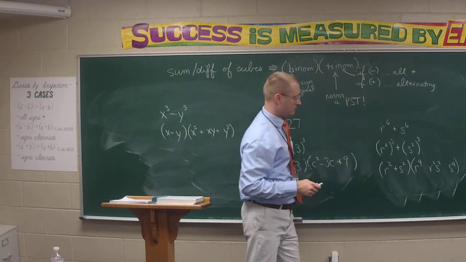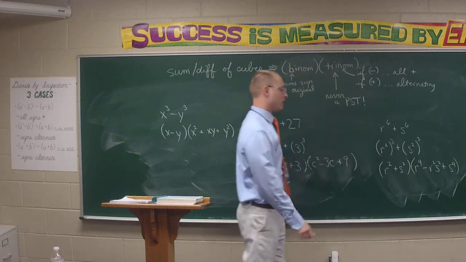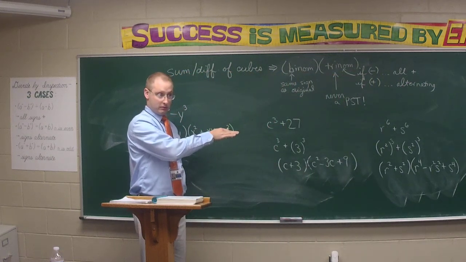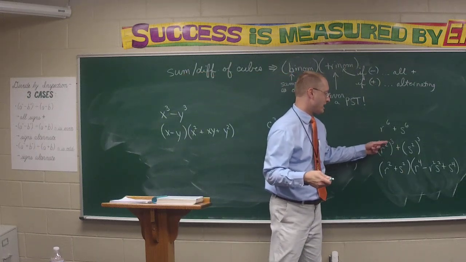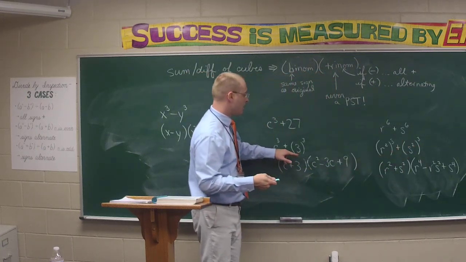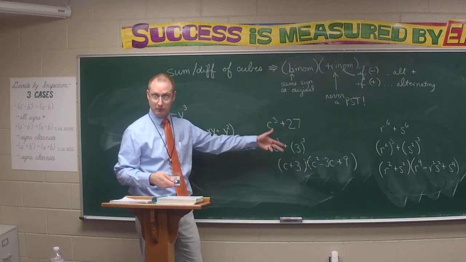What about my signs? Alternate. Positive understood, negative, positive. A little bit different. Same process though. Just looks a little different because we had powers raised to powers here. Just as here, we had a number raised to powers. Questions on that one? Still following?